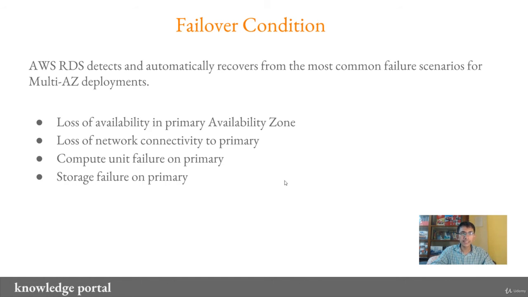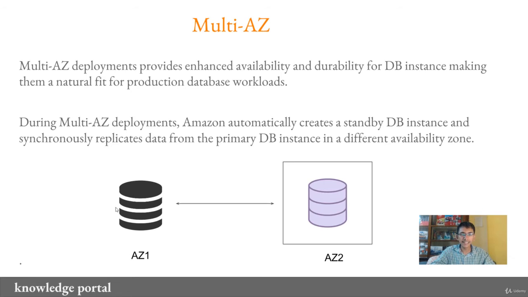Based on these conditions, it's important to remember that RDS automatically detects these and will automatically recover from most common failures by switching to the standby. As soon as RDS detects that there is some issue with the underlying host, for example, it will automatically do the switch. So administrator or manual intervention is not required. RDS will do it for you.